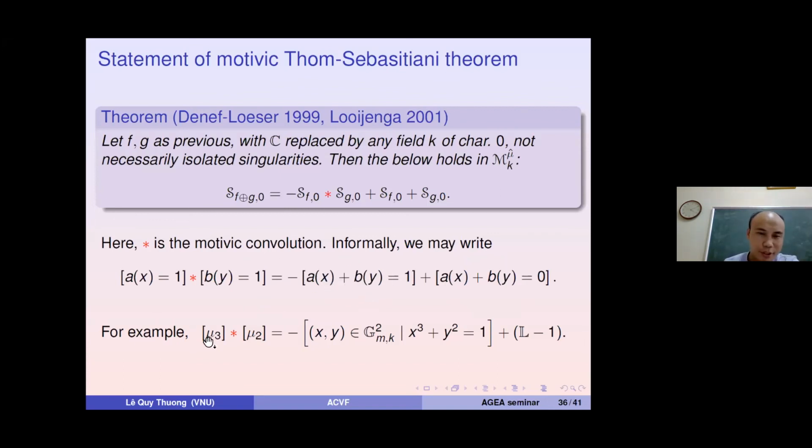For example, the class of mu3 convolution product with the class of mu2 is this.